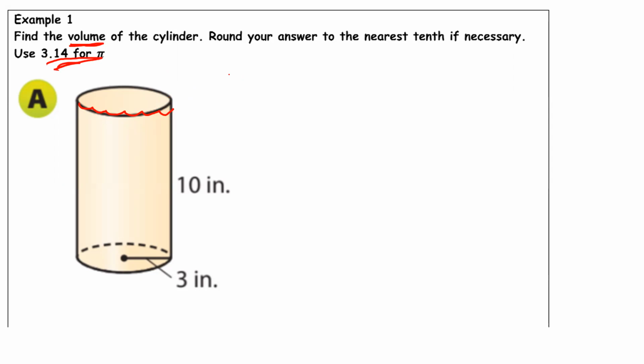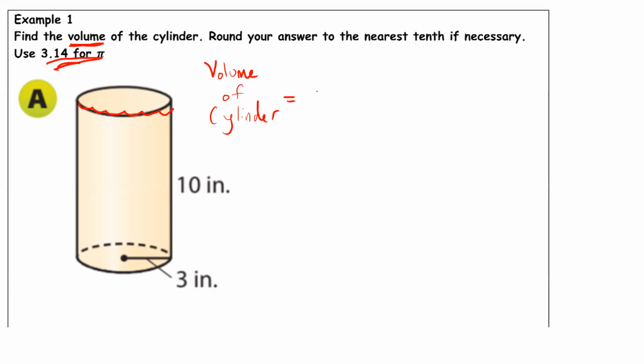And so first off, we have to know the formula. There's formulas for volume. And the formula for the volume of a cylinder, and you should write this down as a note to keep track and to know for later.